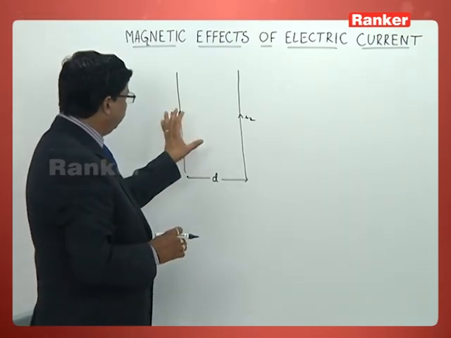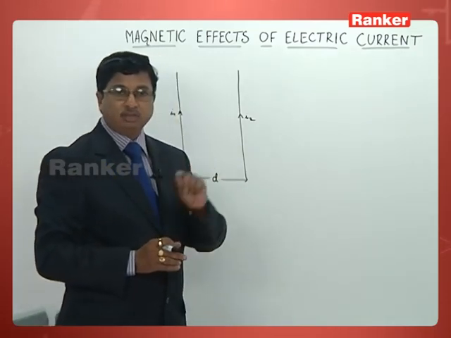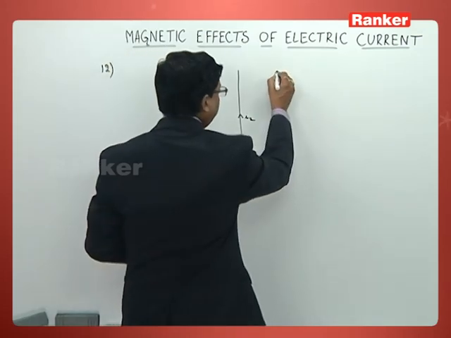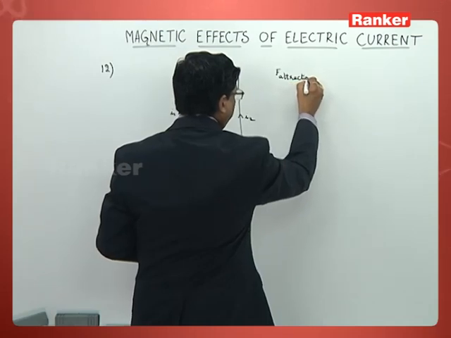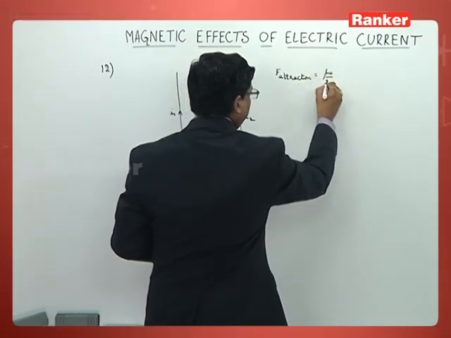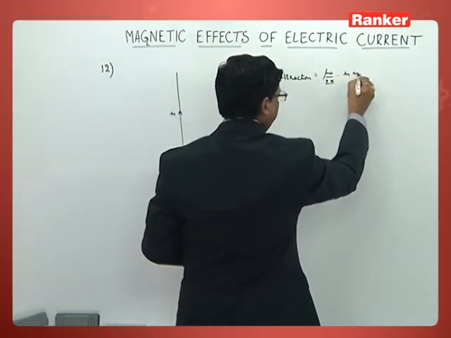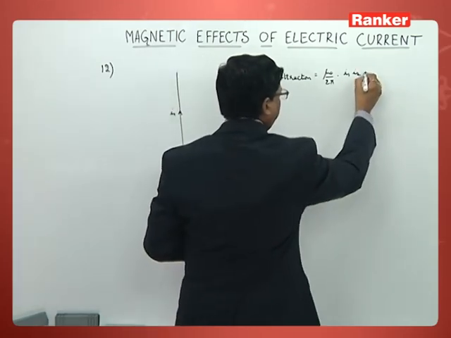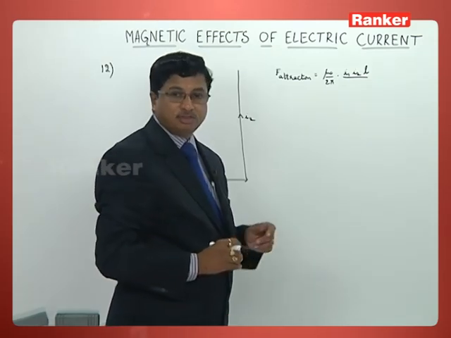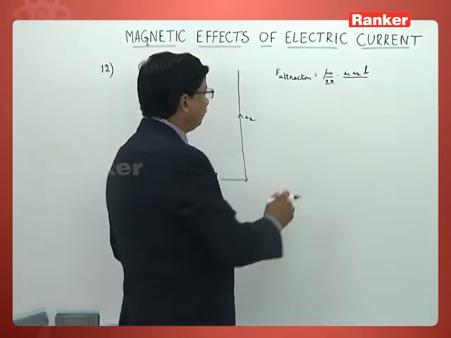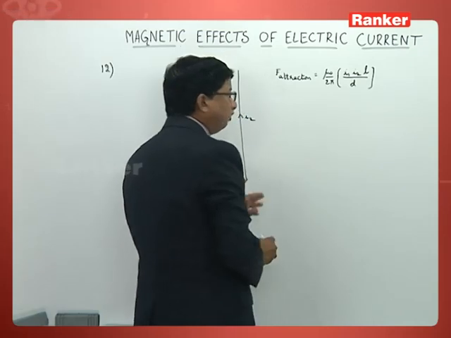And the force between these two, which is the so-called force of attraction here, is given as F. So I can write as the first step: F attraction between these two conductors is mu naught by 2 pi into I1 I2, let us say the effective length over which the force exists is L, over the distance of separation between these two, d.